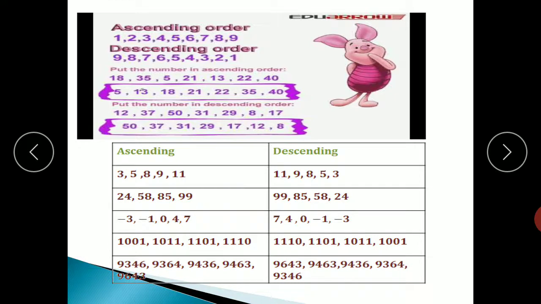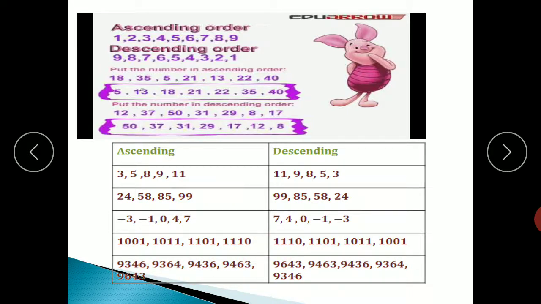Let us see the next example: 9346, 9364, 9436, 9463, 9643. We will write the biggest number, 9643, first.